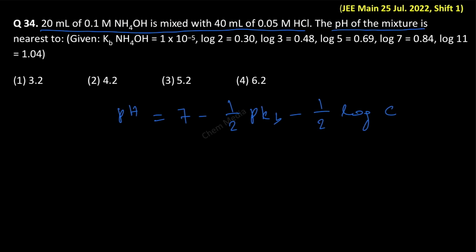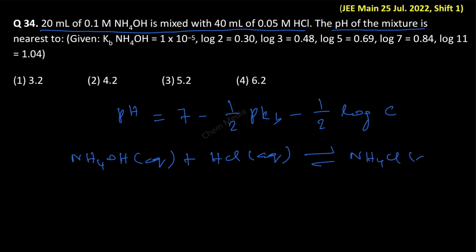Now, here we have ammonium hydroxide, which is the weak base, that we are mixing with the strong acid, hydrochloric acid, and we are getting the salt of the weak base, ammonium chloride, plus water. The stoichiometric mole ratio is 1 everywhere. In terms of number of moles, they are equal.